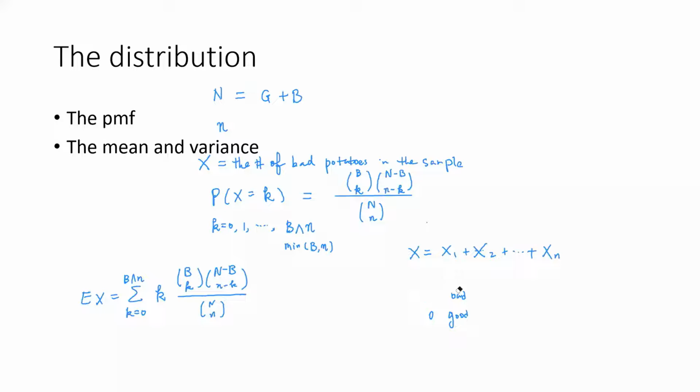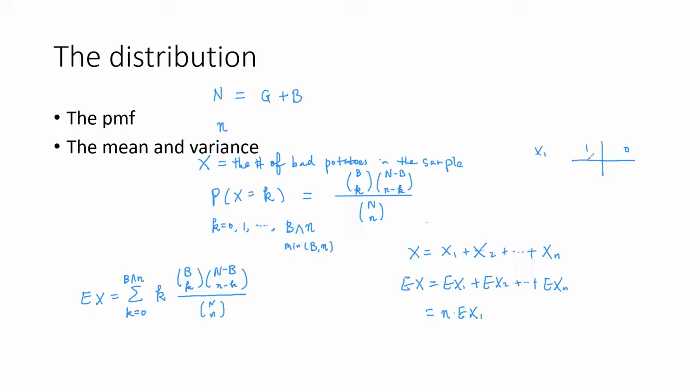But in terms of expectations, that's no problem. We can add, because the expectation of X would be simply the sum of the expectations. And they have the same distribution, so it's just n times the expectation of the first random variable, which is a Bernoulli. So let's figure out the distribution of X1. It takes values 1 and 0.